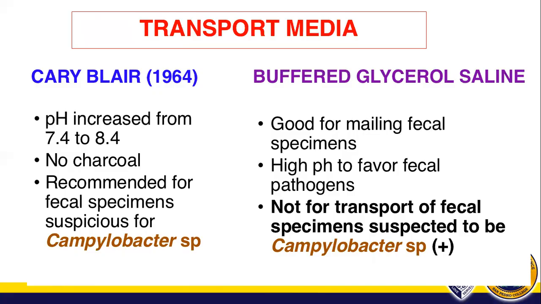Okay, however, it's not recommended for transport of fecal specimen that are suspected to be positive for Campylobacter. Okay, so if you have suspicion that the samples might contain Campylobacter, it's better to use the Cary-Blair instead. Okay.